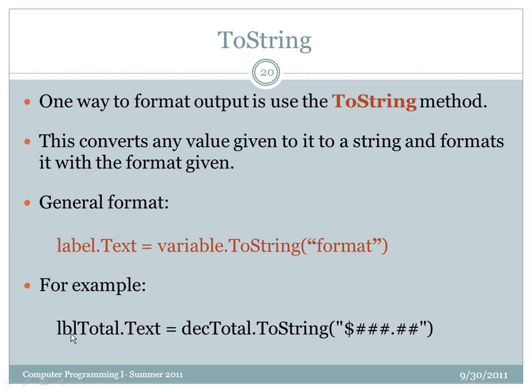For example, LBL total.text equals DEC total toString, open quotation mark. We want a $ sign to show that it is US currency, and then pound, pound, pound, pound, pound. What these pound signs mean is that I'm going to have values in the hundreds, and I'm going to have 2 decimal places afterwards, and then of course the 2 closing.